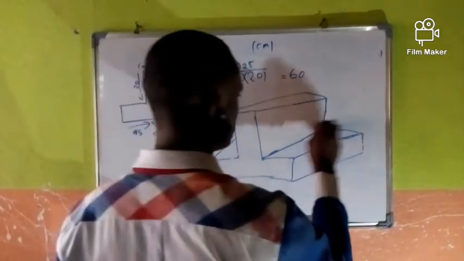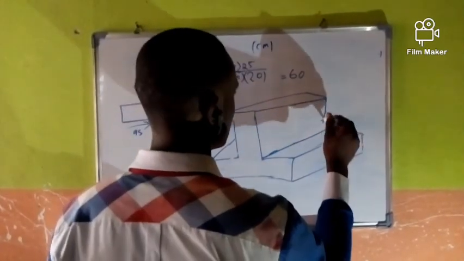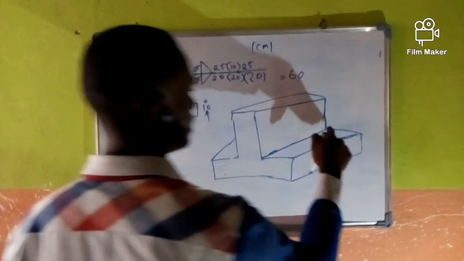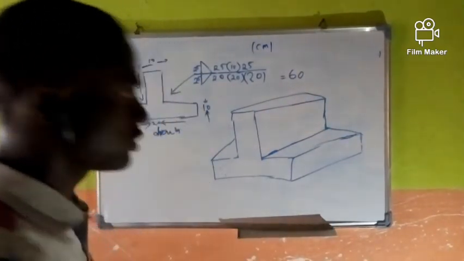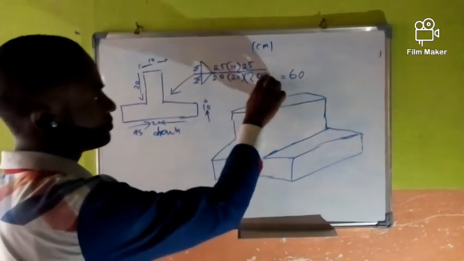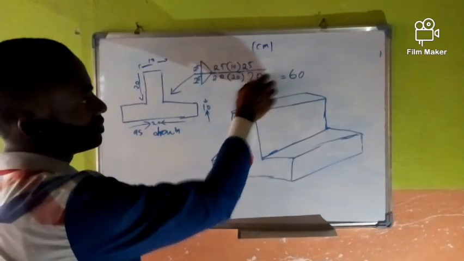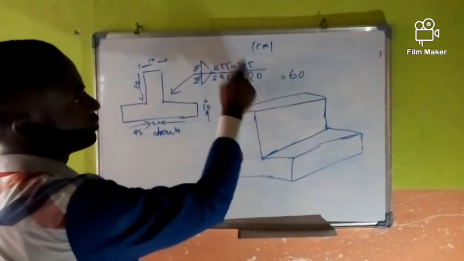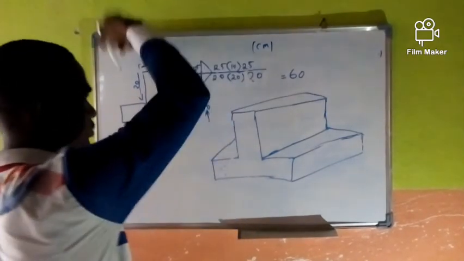The next thing to do here is to represent the welds. Now representing the welds, remember we have 20. This part means not welded. Welded, welded, welded, not welded, welded. So first, remember this is the arrow side and this is the opposite side.